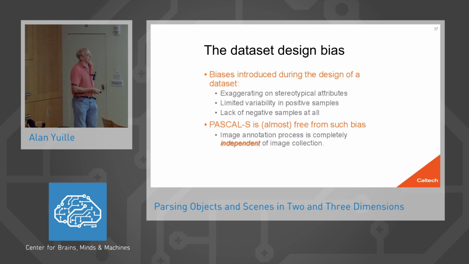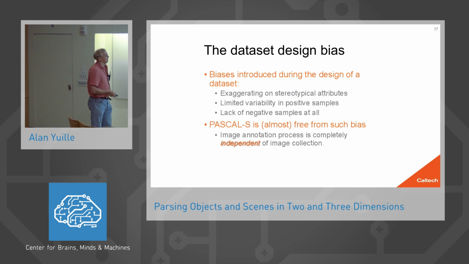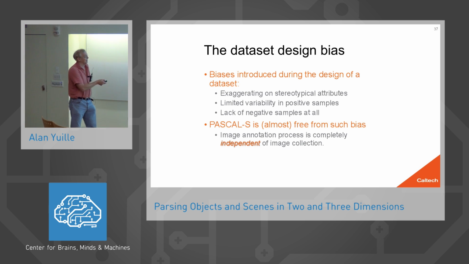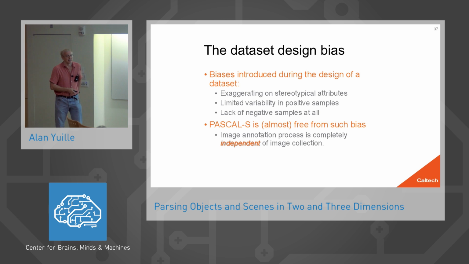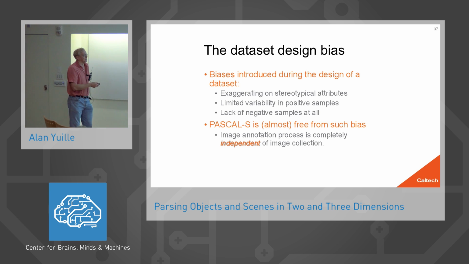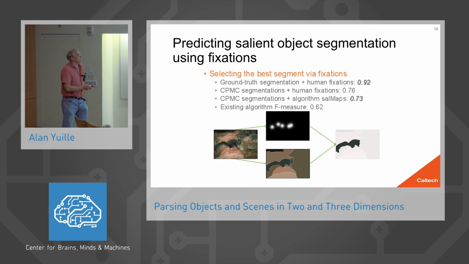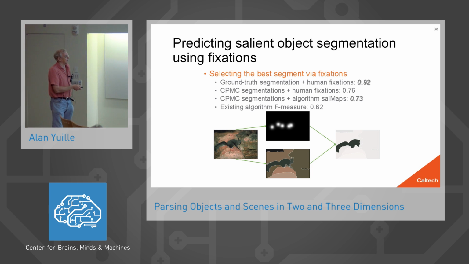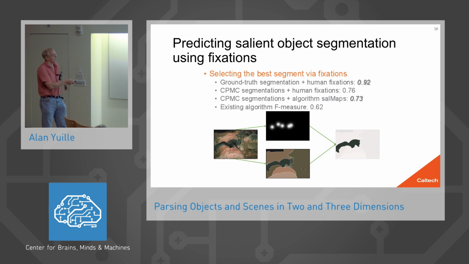So in this case, the Pascal S is almost free from bias. Actually, I put the almost in myself, but that's because the annotation and the task were really independent of how the images were collected. They were collected for a different purpose altogether. Okay, so you can use this to find nice suggestions for where the object could be, for where the squirrel could be.